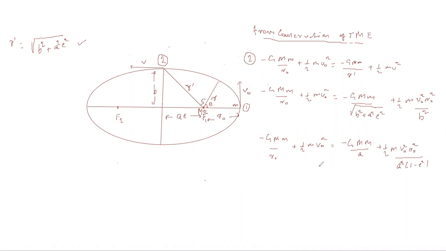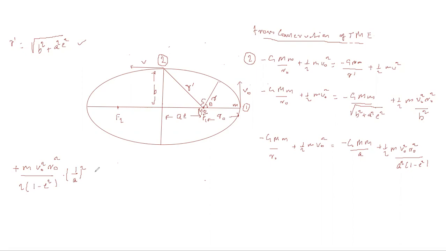So I'll rewrite it in a proper manner. This equation then becomes, just plus, m v naught square r naught square upon 2 into 1 minus e square into 1 upon a whole square.